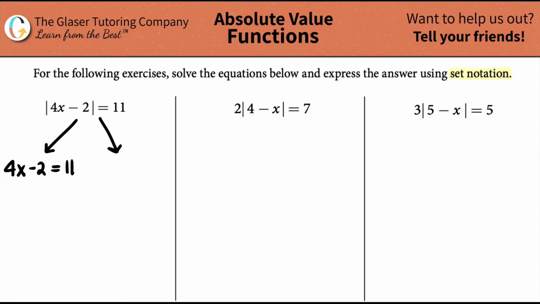And now, just know that it could have been a negative number. However, the absolute value only gives positive numbers. So this could have been 4x minus 2 equals negative 11. And once you do that, you strip away the absolute value, and you can actually solve now.